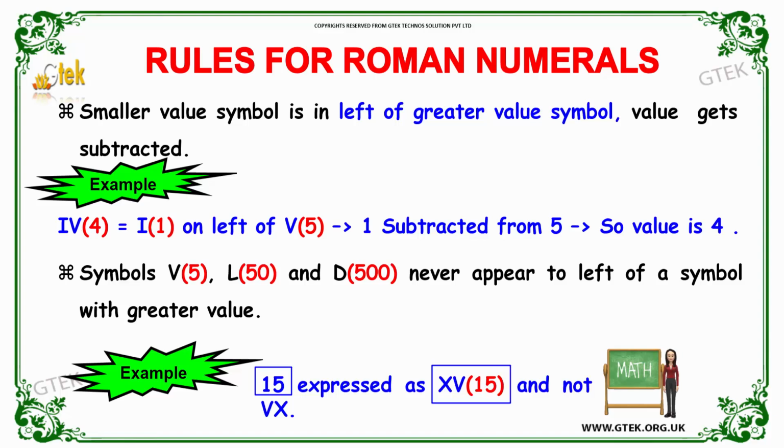X has the value 10 and V has the value 5. So 10 plus 5 is 15. And it cannot be written as VX because V or L or D never appears to the left of a symbol with a greater value. Here X is 10, which is greater than 5. So it does not appear. So it has to be written as XV.